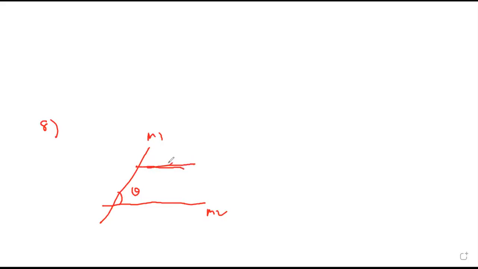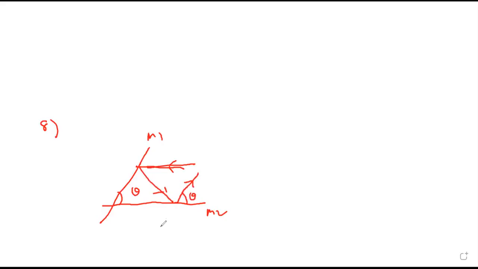Incident on the first mirror and parallel to the second mirror. Finally it gets reflected from the second mirror. So this will be incident, reflected, and again returns parallel to the first mirror. These two lines are parallel, so corresponding angles are congruent.